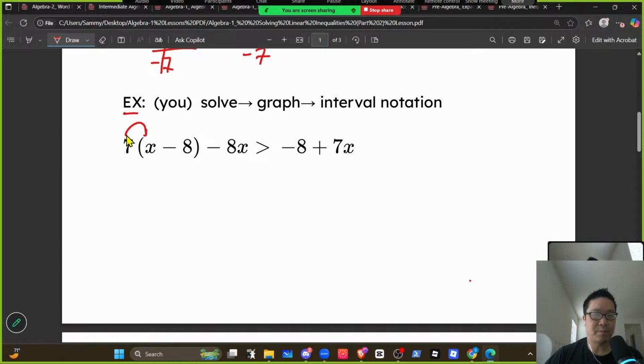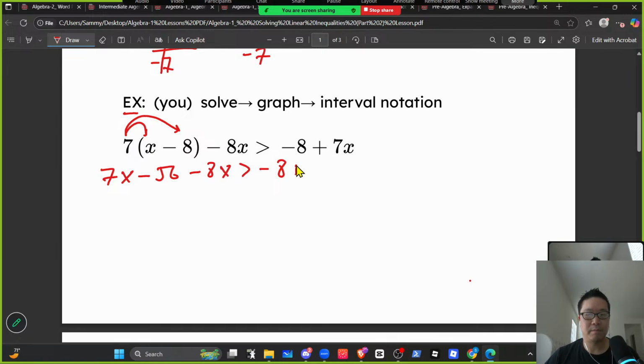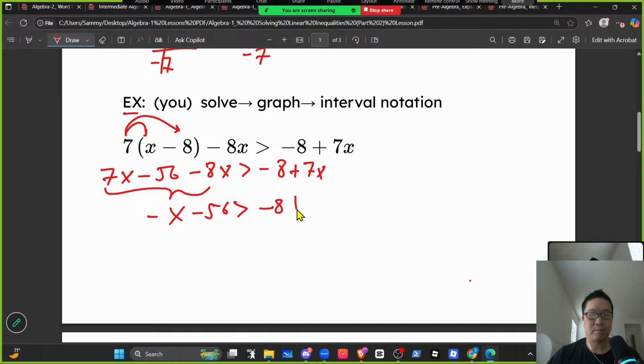So we can start by simplifying. We get 7x minus 56 minus 8x greater than negative 8 plus 7x. So we can simplify the left side. 7x and negative 8x is negative x, minus 56, greater than negative 8 plus 7x.